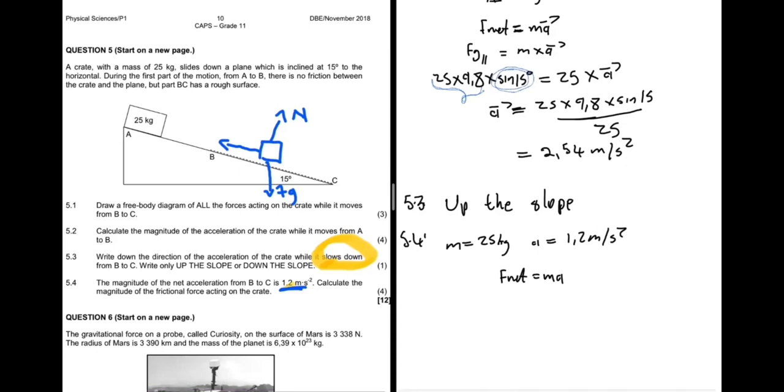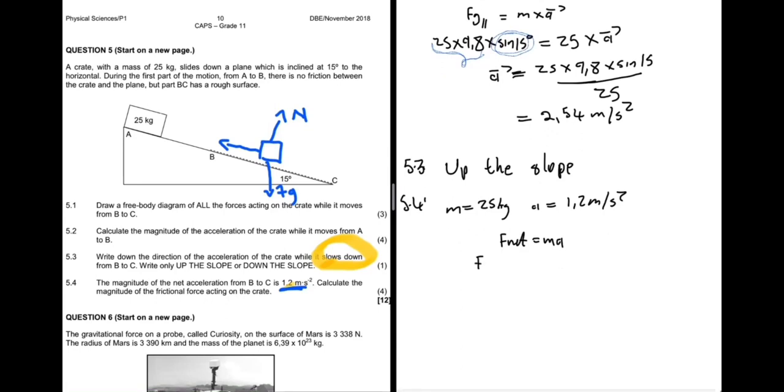Instead of just having FG parallel equals MA like we did, this time we're going to have FG parallel minus friction, because friction is always opposing the direction of the motion. This is obviously equal to MA. This is our standard procedure. If you find yourself doing anything else other than this, you're doing something wrong.